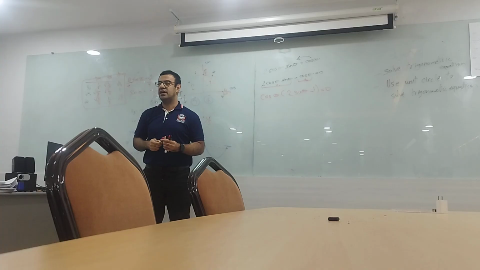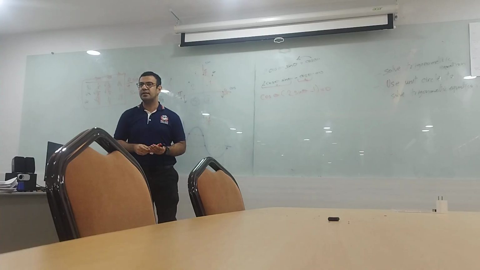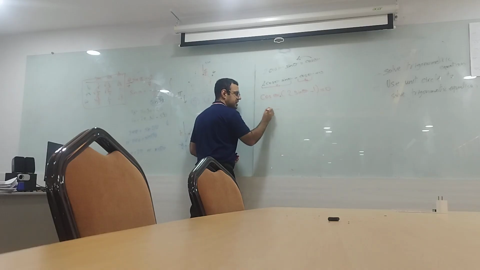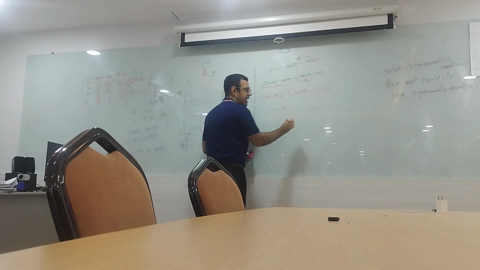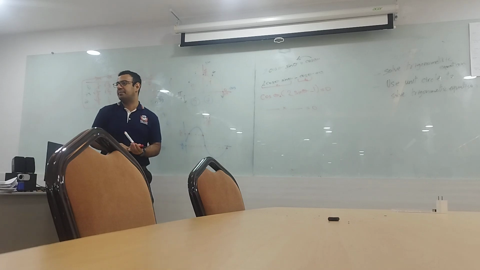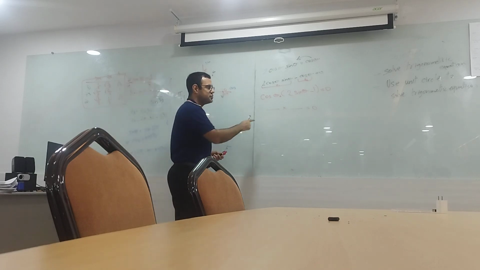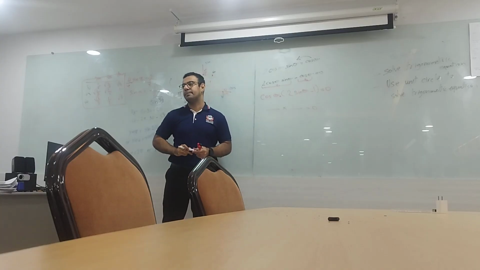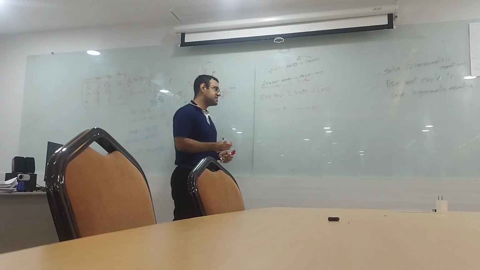Next, what should I do? When I have a multiplication equal to 0, what does that mean? When I have two numbers multiplied together and the answer is 0, at least one of them is 0.